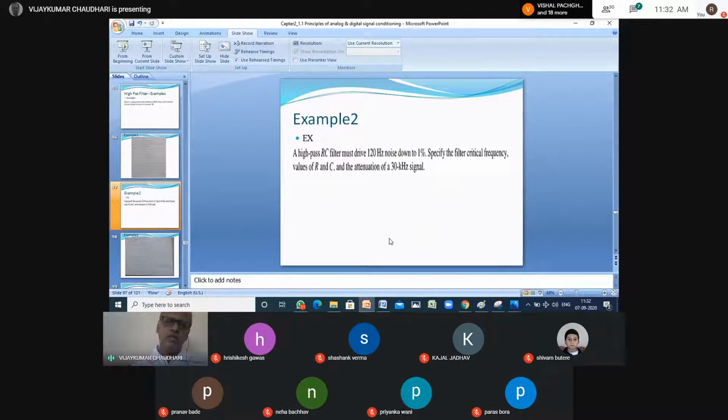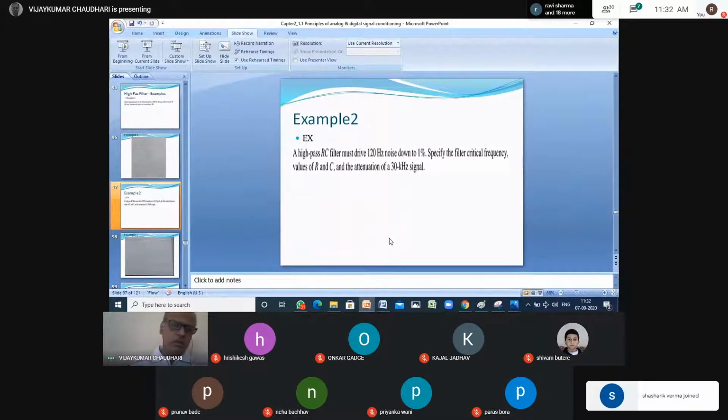Find the critical frequency and assuming any suitable value of C, find the value of R. And then substituting F equal to 30 kilohertz in the formula V out upon V in, find out that V out upon V in. Okay, solve this one. I'll ask you to put on the video and then we'll check your notebook.